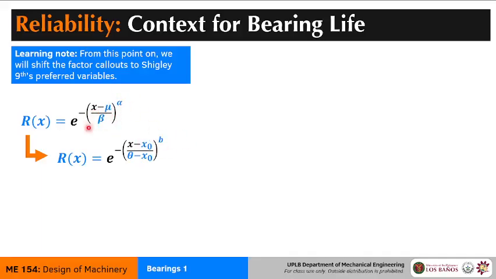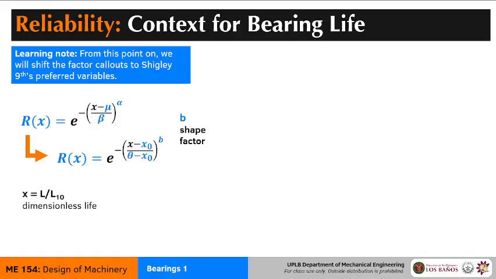The scale factor here is a difference of two terms, but the threshold value is still the threshold value, which is x naught. X naught makes it easier to remember at least. B is the shape factor now. Sadly, our scale factor here turned into a difference of terms. That will be difficult to remember, but just keep that in mind.